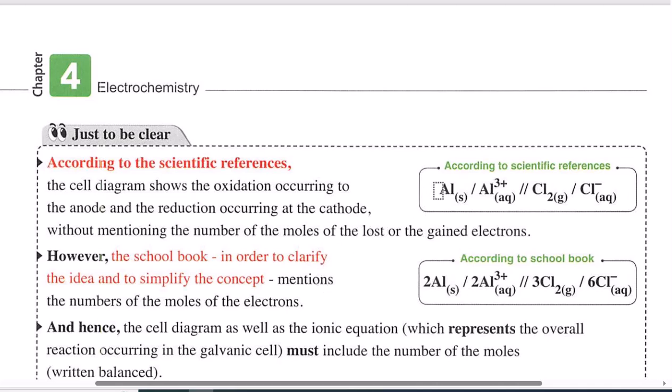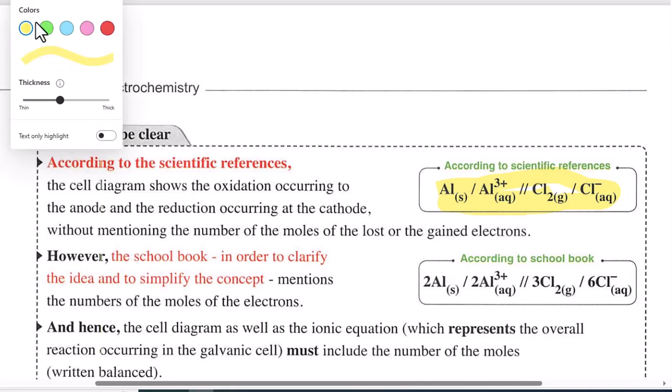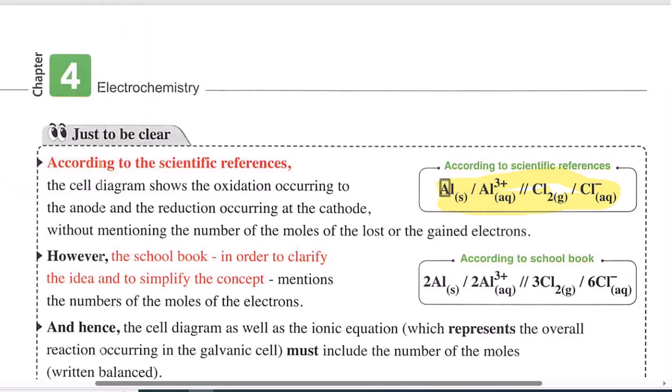So in general chemical references, we just write the two cases of the anode and the cathode. The anode here is oxidized without any balancing, without any numbers, into aluminum positive 3, and chlorine 0 gas is reduced into chloride ion and dissolved in the solution.